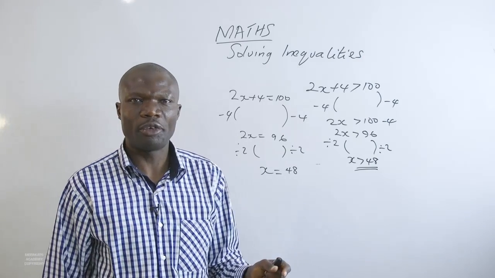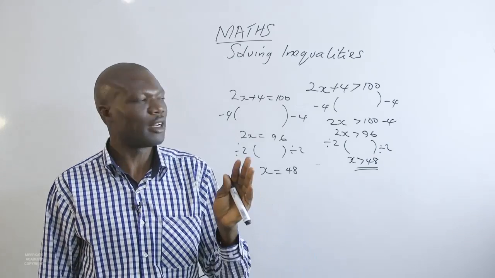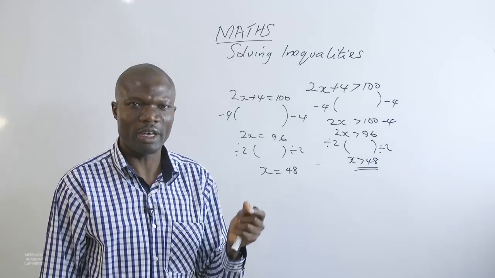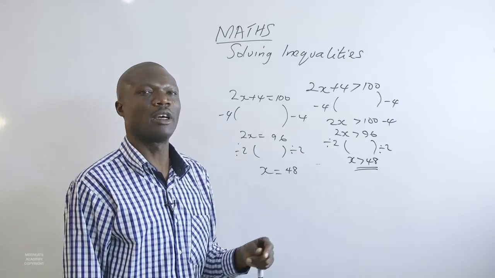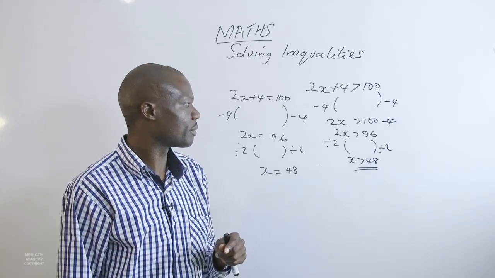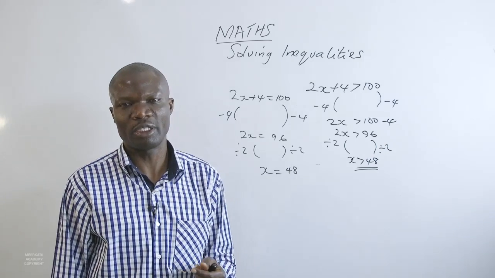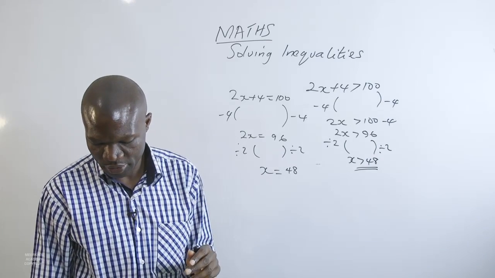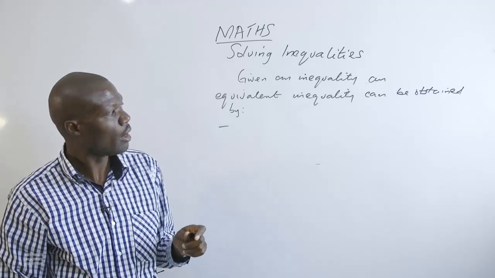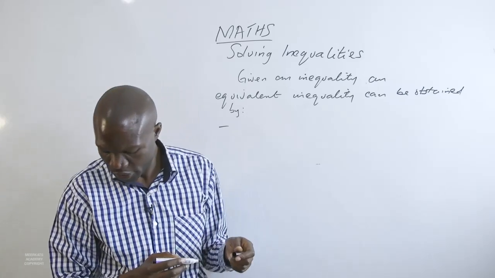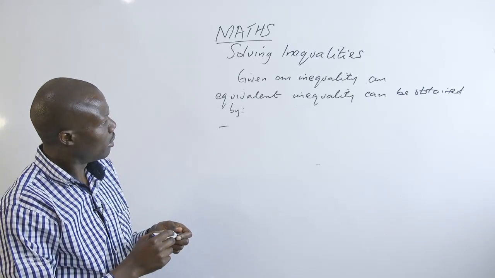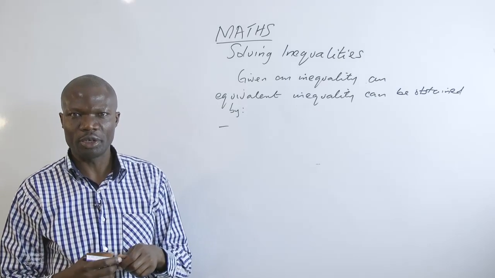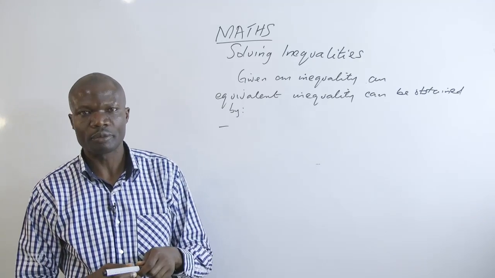The only difference comes when you are dividing by a negative or multiplying by a negative number. If that happens, then the inequality sign changes. So given an inequality, an equivalent inequality can be obtained by doing the following.